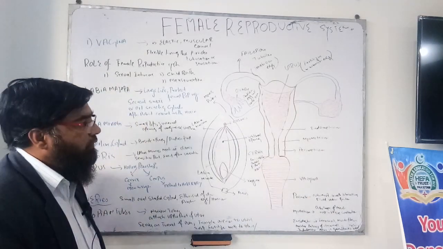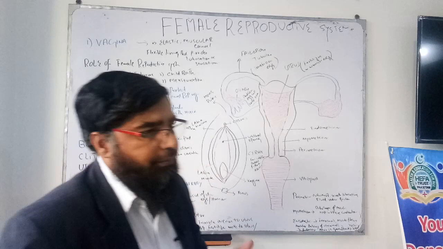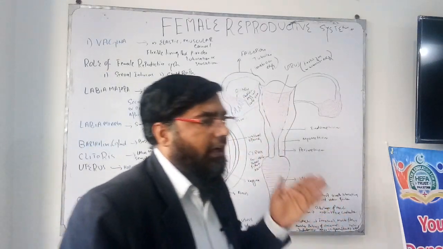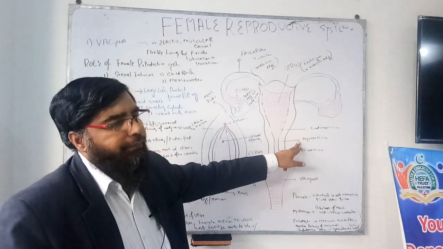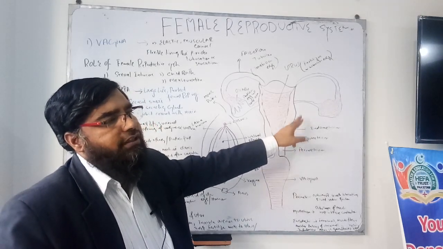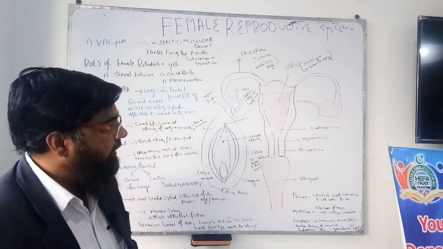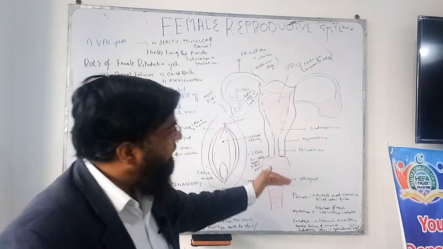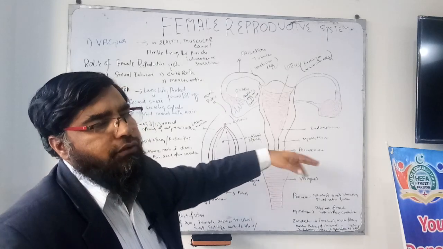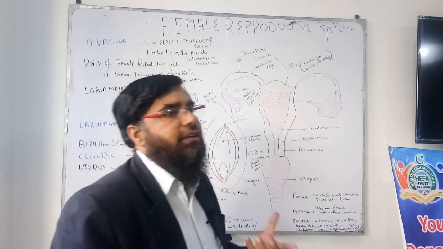The outermost is called perimetrium, the next is called myometrium, and the innermost is called endometrium. So the function of the perimetrium is to produce lubricating fluids.